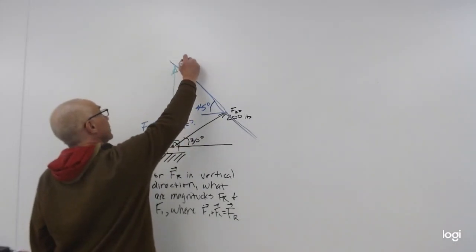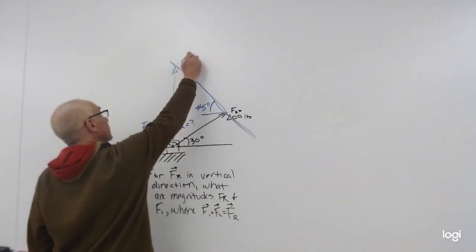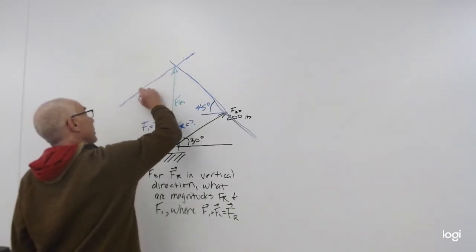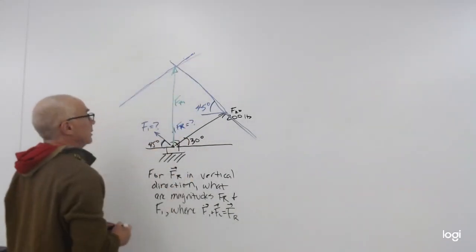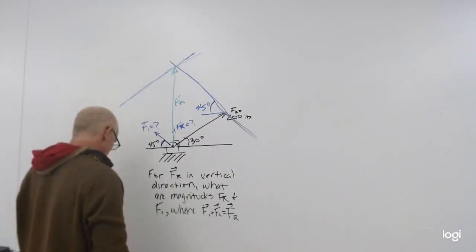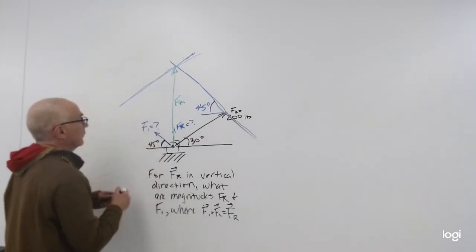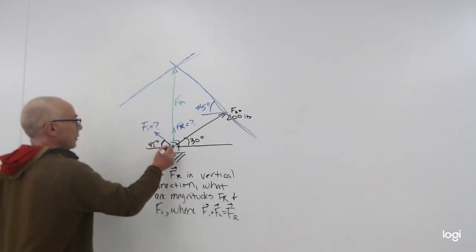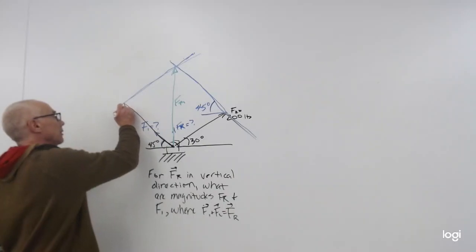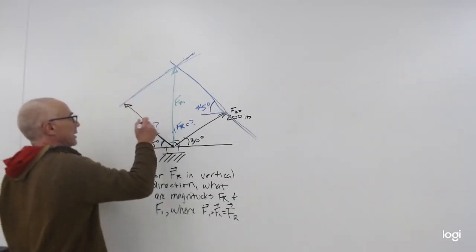So 30 degrees. Not bad, not bad. So that's 30 degrees. And now we can draw our other component vector, f1, which we know is going to intersect here. So we've done this graphically now. This is great.